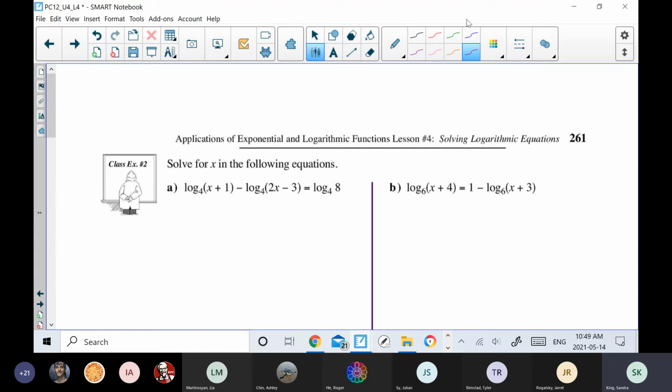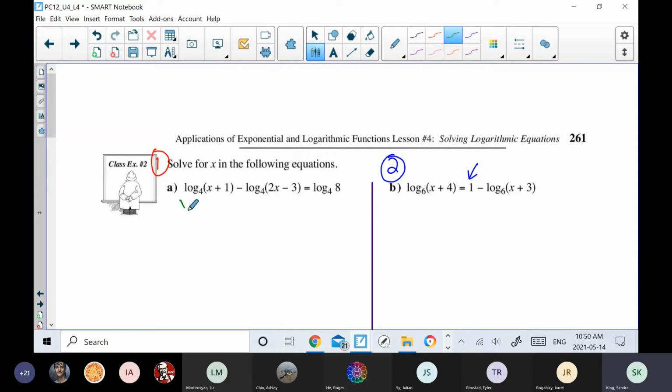This will actually be a case 1. This guy here, as soon as you have a constant somewhere in your equation, it is going to be a case 2. Okay, so for a case 1, we need logs on both sides of the equation, and then we're going to drop the logs and equate the arguments.